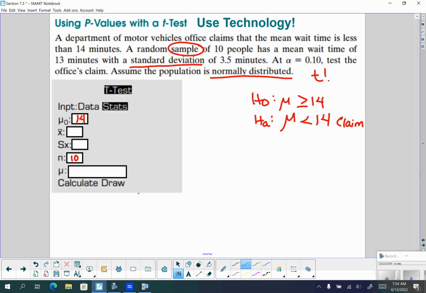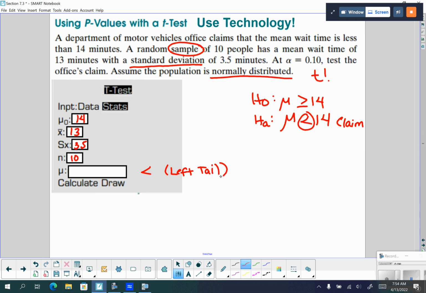The sample mean is what? 13. And the sample standard deviation is 3.5. Okay, and then this is a less than alternative hypothesis, which is making it really a left tail. So you're going to choose that option when we get to the calculator on that last line there.